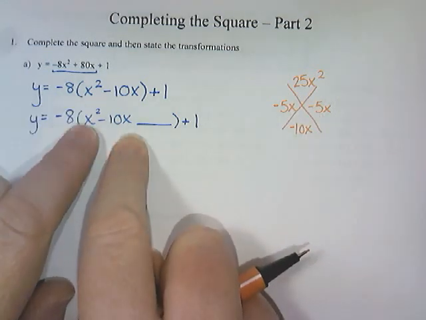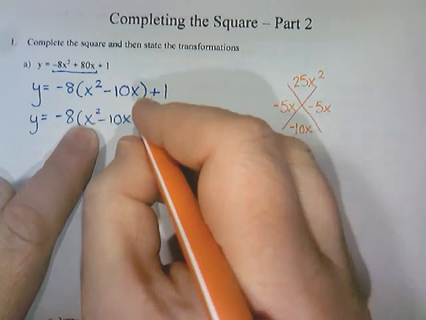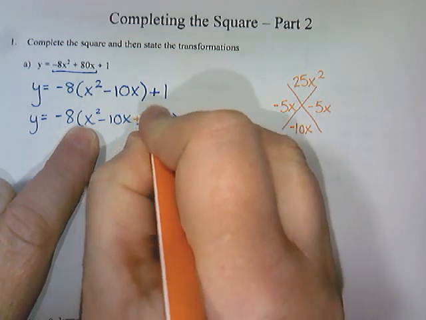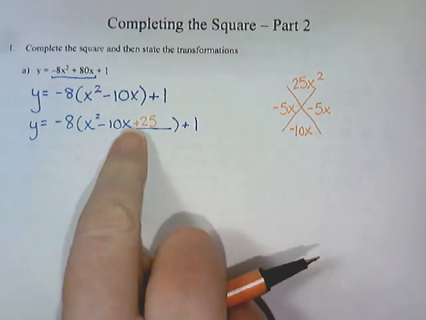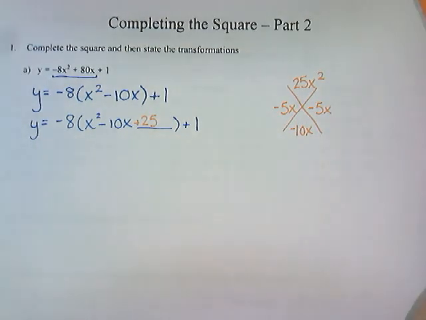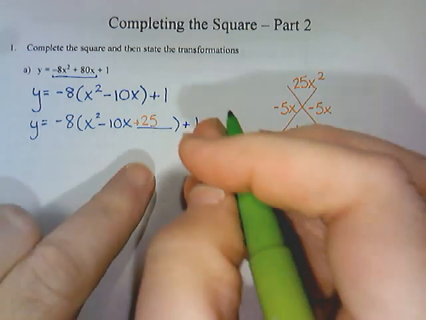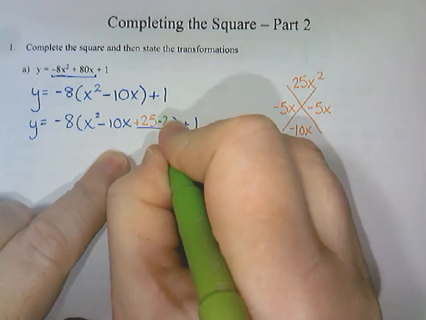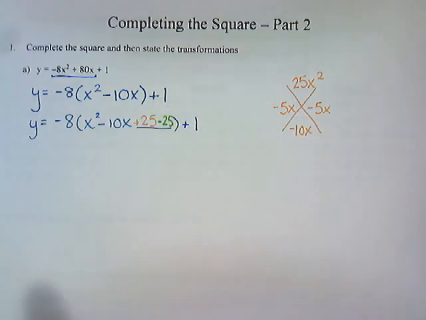The x squared comes from here, so this number here must be the 25. But if I just randomly add a number into my expression, it changes the whole equation. The parabola is not going to look the same anymore. So I can't just add 25. So what we do is we balance it out by subtracting 25.